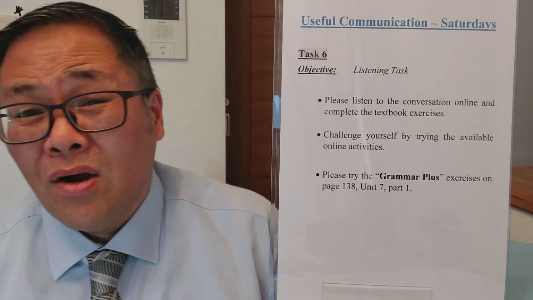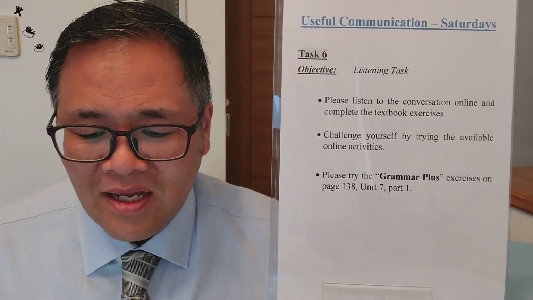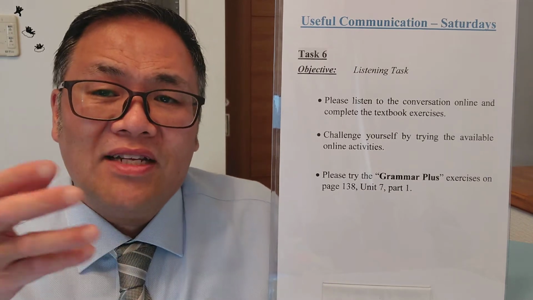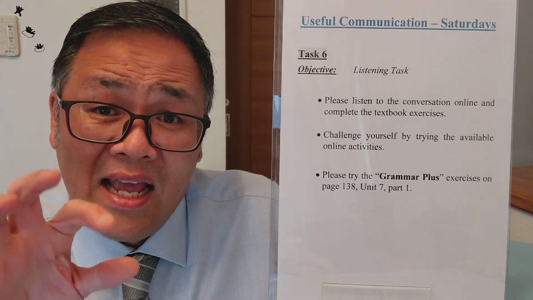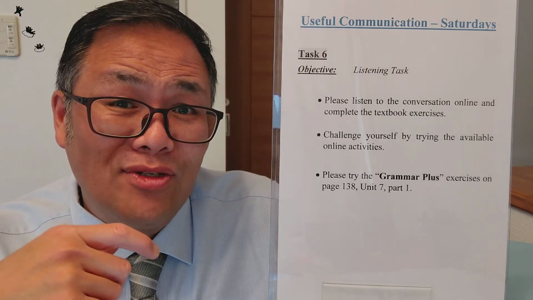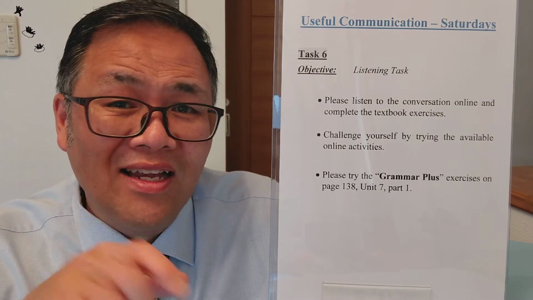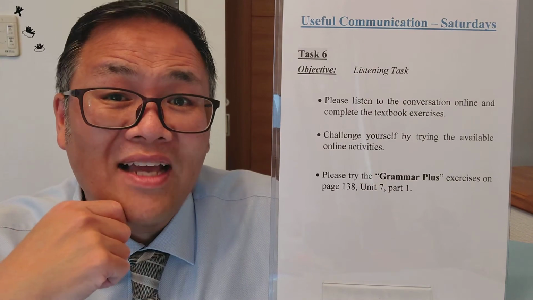In the back of your textbook you've got a login code, and you can log into Cambridge Online, which has the address written on the back of the textbook. If you'd like to listen to the actual conversation, please go online, listen to it, and then complete the textbook exercise.